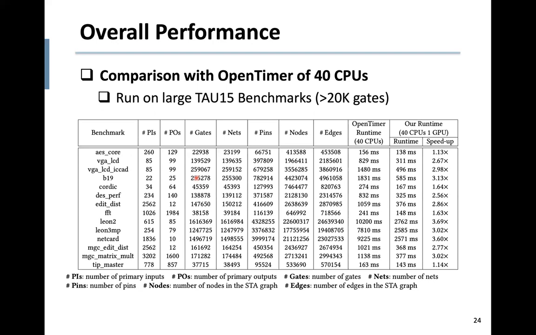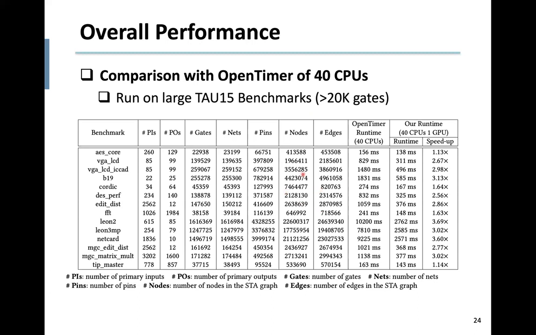The overall performance is shown in this slide. We compare our result with OpenTimer, running 40 CPUs, and evaluate the runtime on the TAU 15 benchmark. Because small circuits do not benefit much from the GPU and they already run very fast, we only consider large circuit benchmarks of more than 20K gates.